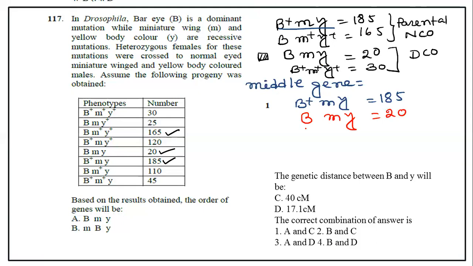So whatever is changing in these DCO is the middle gene. So here B is the middle gene.